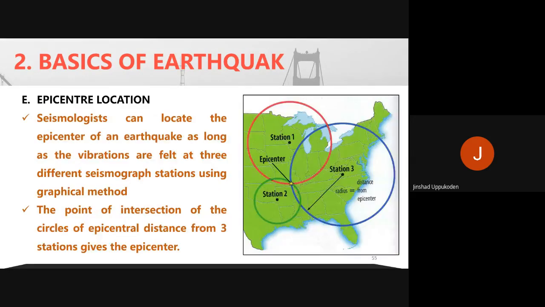So if you are able to get the readings from 3 different stations, the intersection of the circles with the corresponding radii will help you identify the exact epicenter of the earthquake.